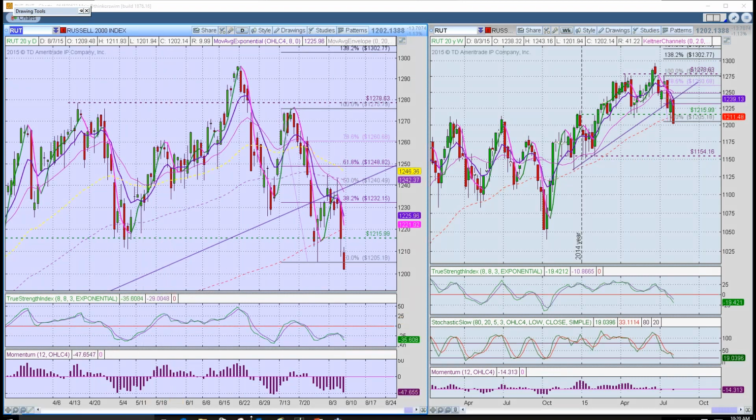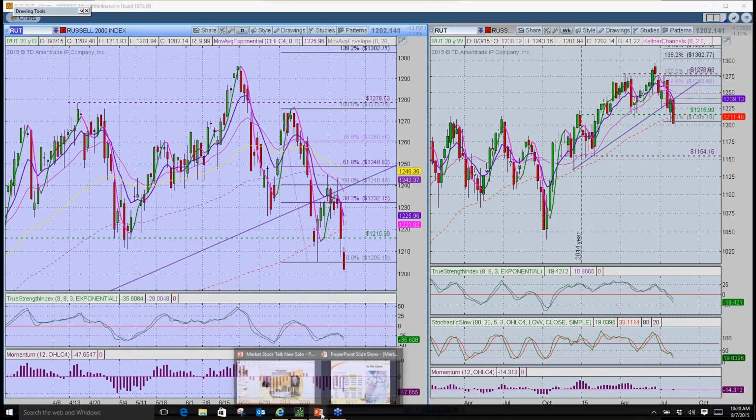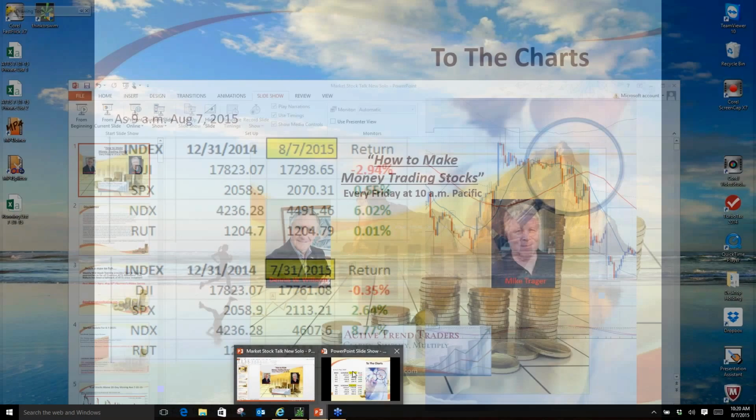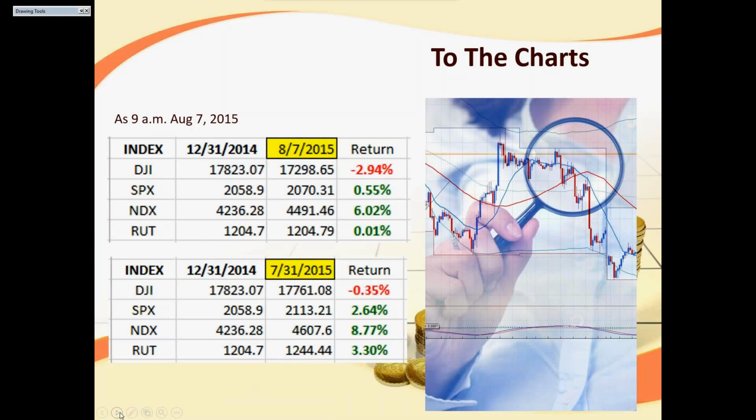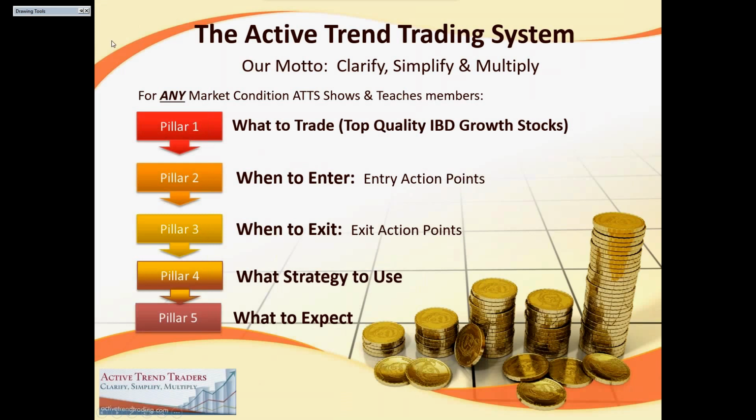So in about 5 minutes, we'll run through the rest of the slides, and then I'll be ready to look at some individual stocks. Just want to remind everybody that for non-members at Active Trend Trading, we focus on 3 things: what to buy or what to trade, top quality IBD stocks and/or index ETFs, where to enter, where to exit.